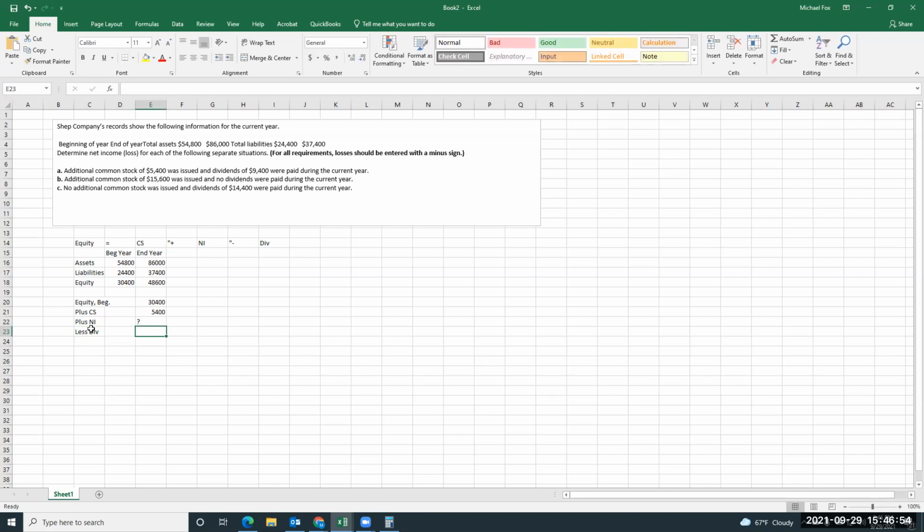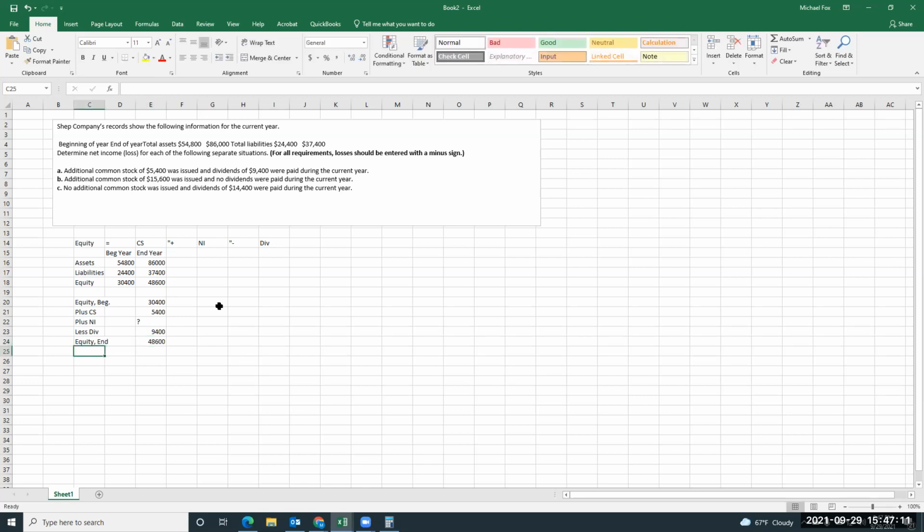My dividends for this one were 9,400. That is going to equal my ending equity, which I know from figuring it out earlier was 48,600.